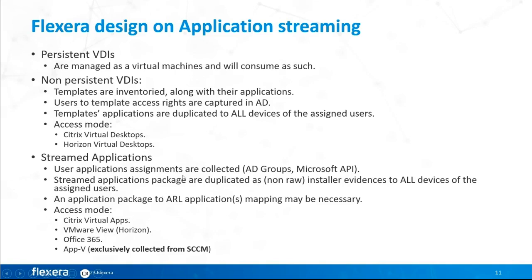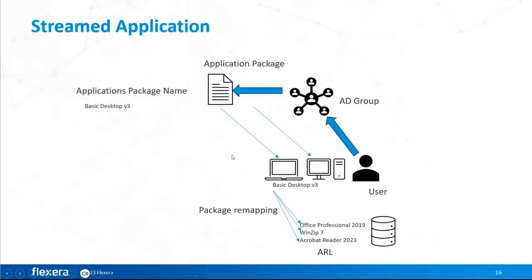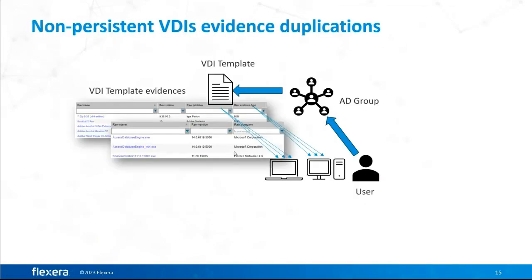So hopefully you get the big picture, that there are a little bit more visual parts. I will actually spend a little bit of time on this explanation. If you have a non-persistent VDI, I just wanted to make it more visual. Here you have VDI templates. You will see we collect the list of VDI templates on screen.